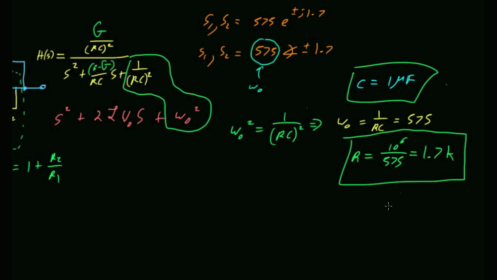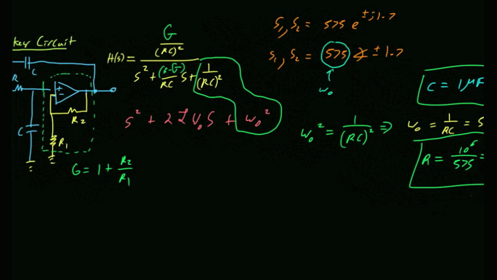Okay, now we get to the tricky bit. We still have to get our gain. I guess I'm going to erase this now. So, if we match the middle terms, let's see what that gives us.